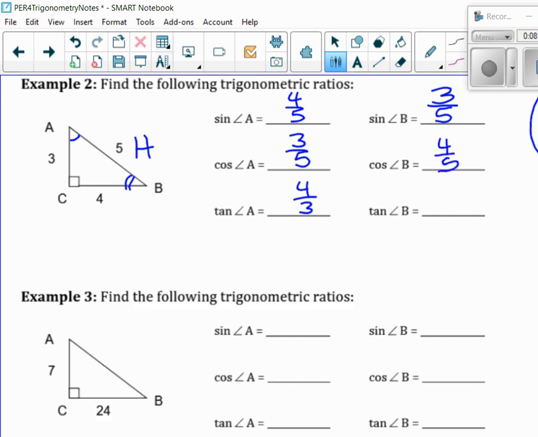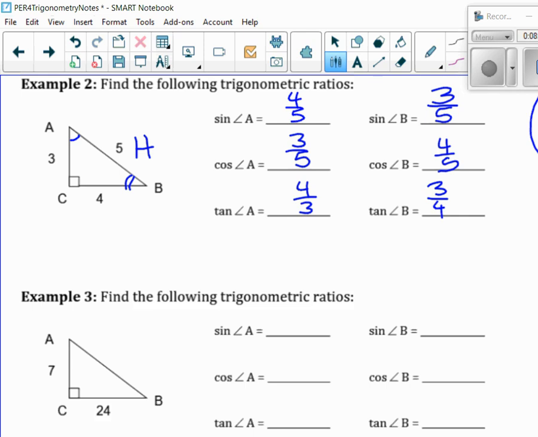Okay, and Melissa, tan of B. No, it's opposite over adjacent. 3 over 4, very good, 3 over 4.